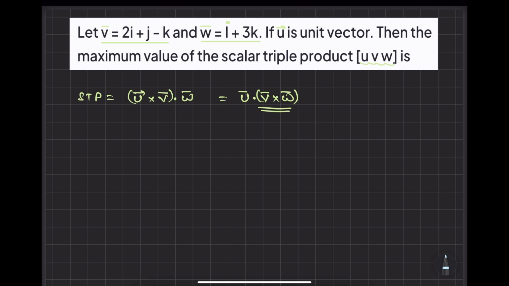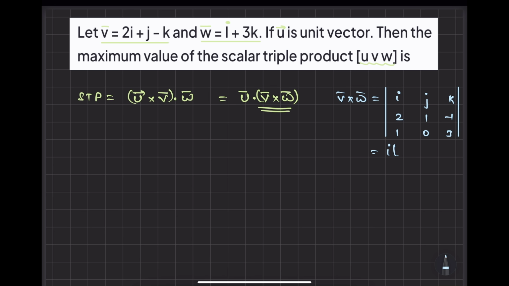Now look at this. Suppose that we are interested in finding v cross w. So that is i, j, k. Now it is 2, 1, minus 1, 1, 0, 3. So we got our things. Now let's open this determinant.